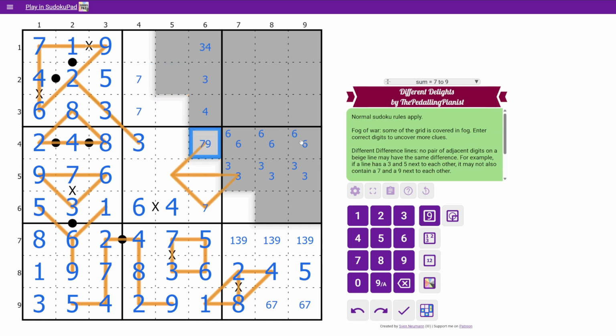There's also a 9 making a combo here. A 7-9 combo looking upward. This is going to be a 2 or an 8. And this will have a 2 or an 8.